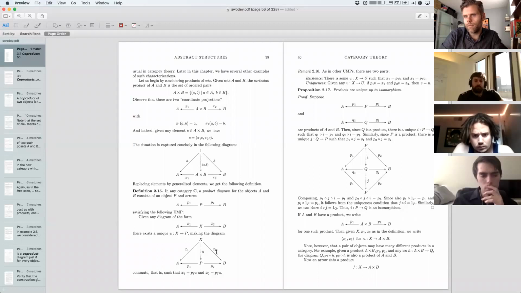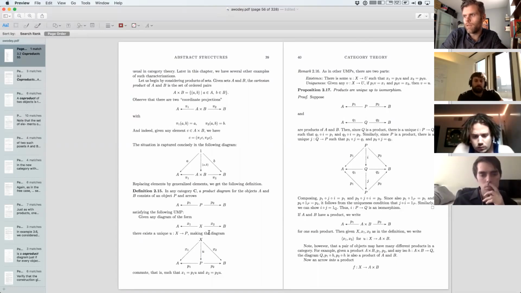So in the category of types, we can imagine that this P is the pair (A, B), and this X is some other type that we can extract both an A and a B out of.